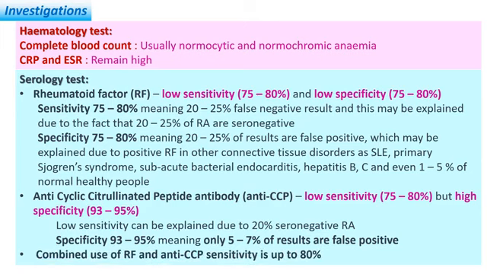So combined use of RF and anti-CCP may reach the sensitivity up to 80%. So one can conclude that from serology test, rheumatoid factor and anti-cyclic citrullinated peptide help us for detection of rheumatoid arthritis.